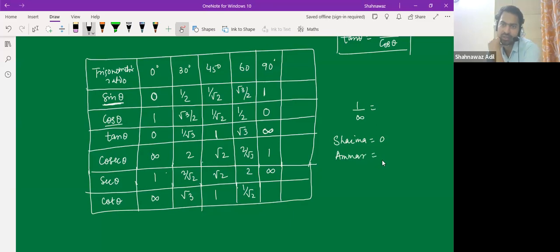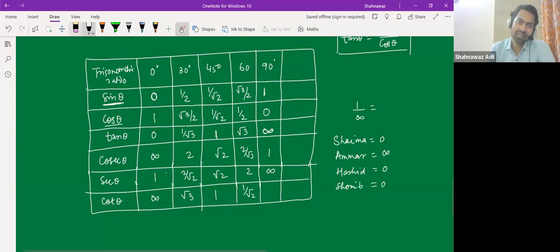Not defined. Okay. And Harshit, it is 0. Okay. And Shoaib, what about you? 0. So Amar, you see, majority is 0, right?